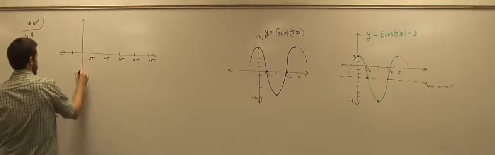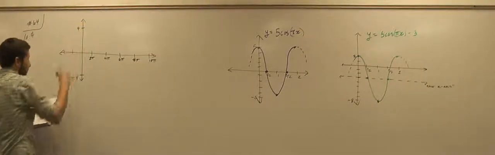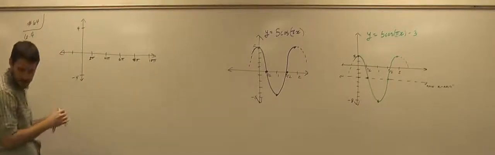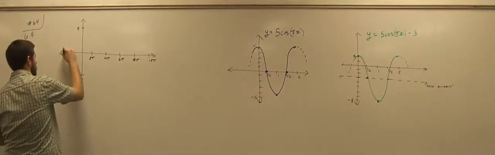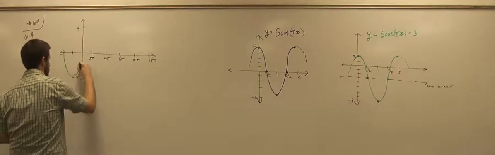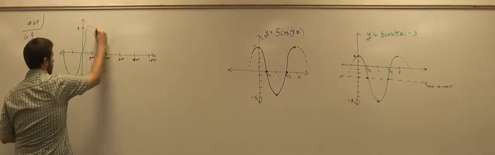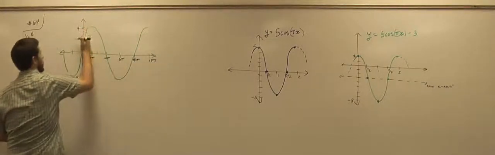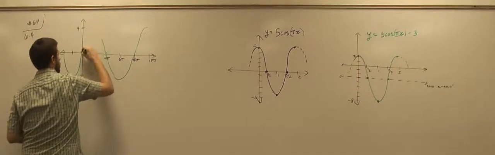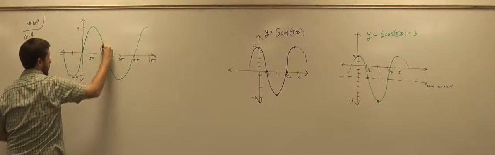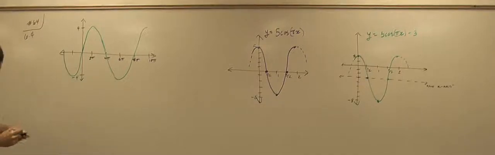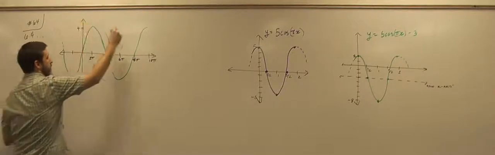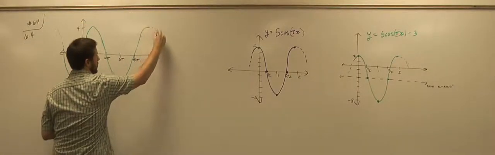They go up and down between negative 4 and 4. And they want you to find an equation for the graph.